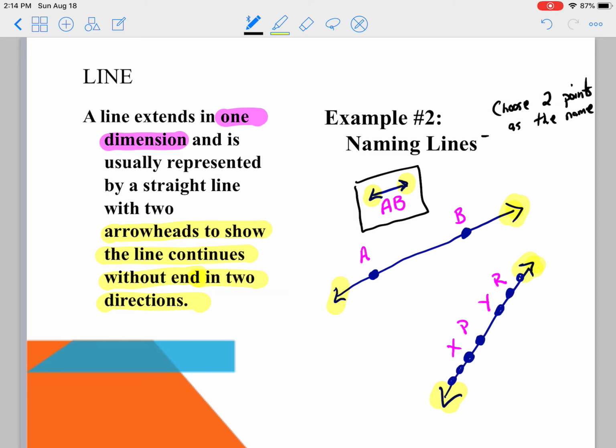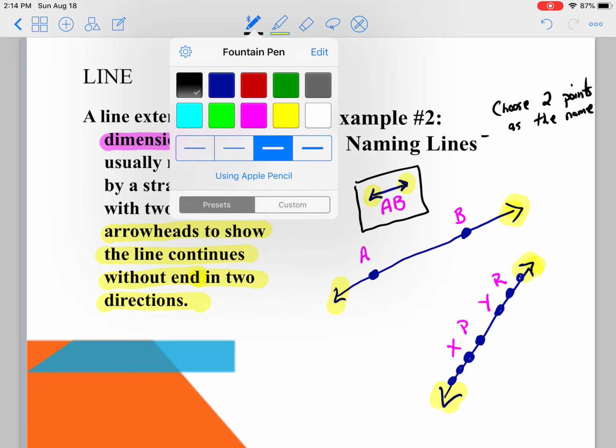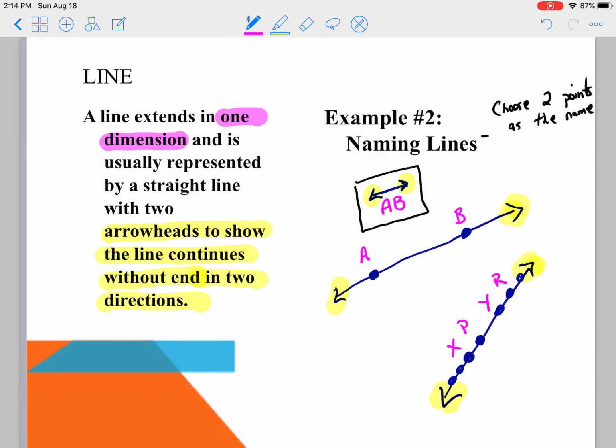Now looking at the second line that I drew, once again, I can use any 2 points. I have 4 points to choose from, but I only choose 2 as the name of this line. So in this case, I'm going to use the original points that I had written. So I can call this line XY, again, no space between them. And if I want to show that it is a line, I will once again put a line notation above it with the arrowheads.